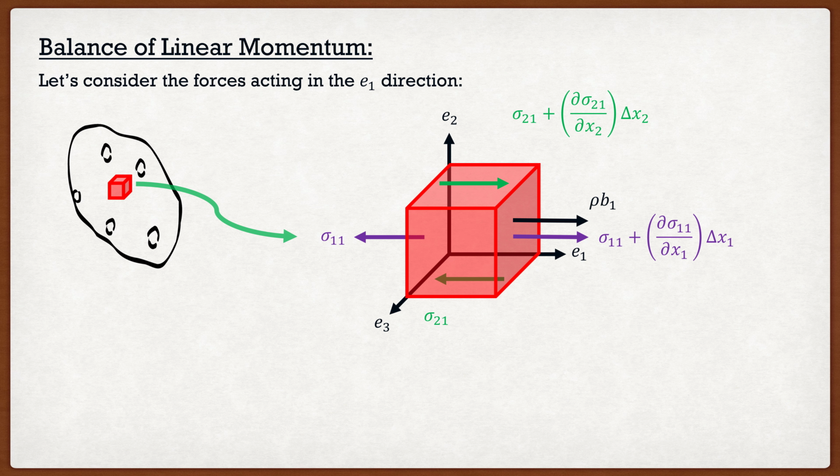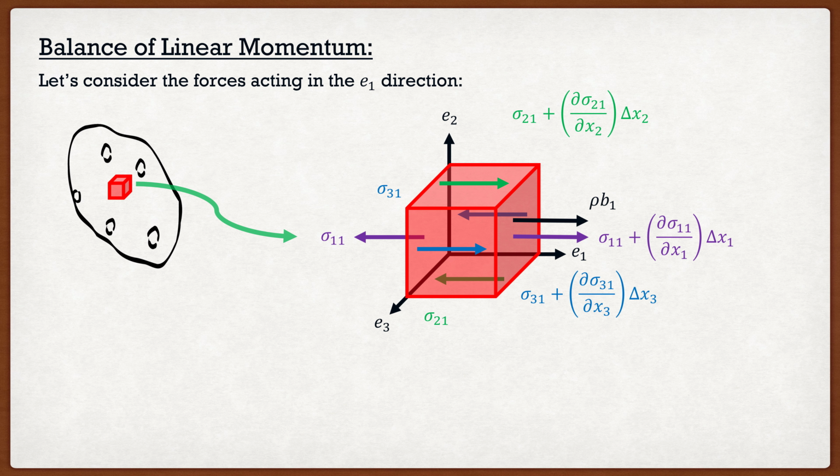And finally, on the face of the cube that's closest to the screen, and I use that in quotation marks because of course this is all 2D, but I tried my best to make it 3D, we have another stress component, sigma 3,1, and on the other side we have sigma 3,1 plus the change in sigma 3,1 over the length delta x3, or the distance in the E3 direction, right?